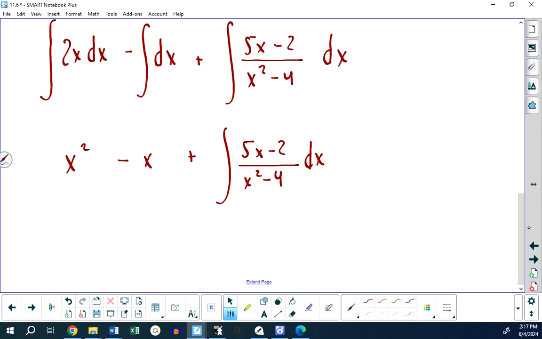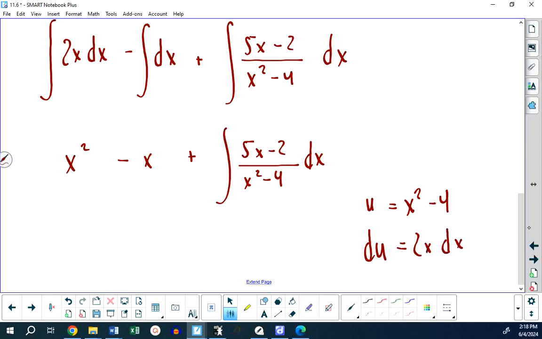We can try substitution, okay? It's close because the top is degree 1. You're thinking that u will be this? Okay, let's try and see what happens. If u equals x squared minus 4, then du equals 2x dx.